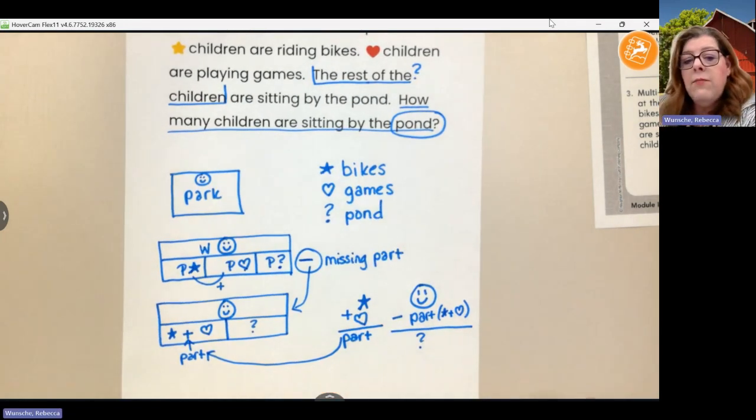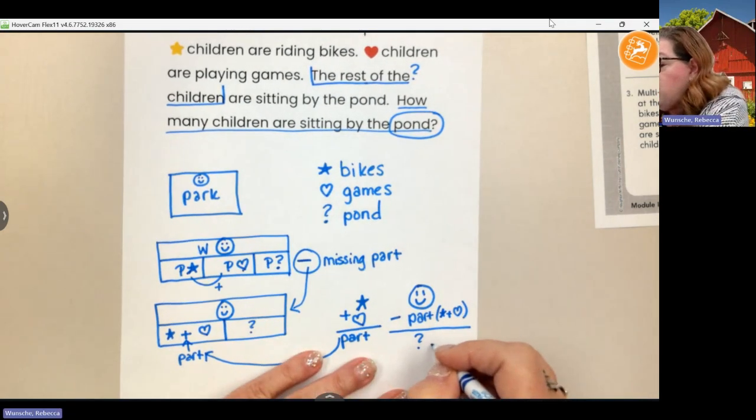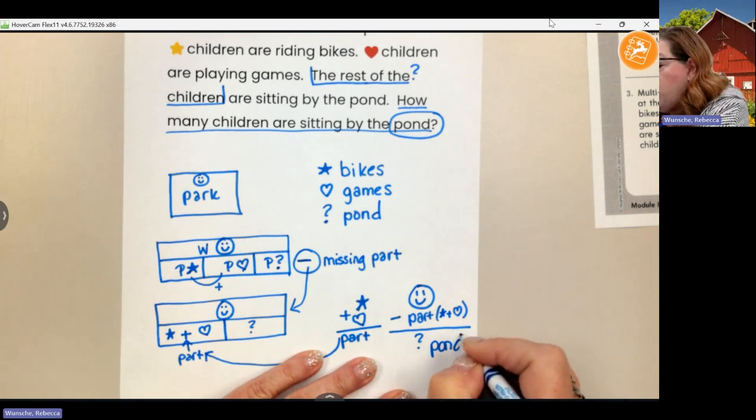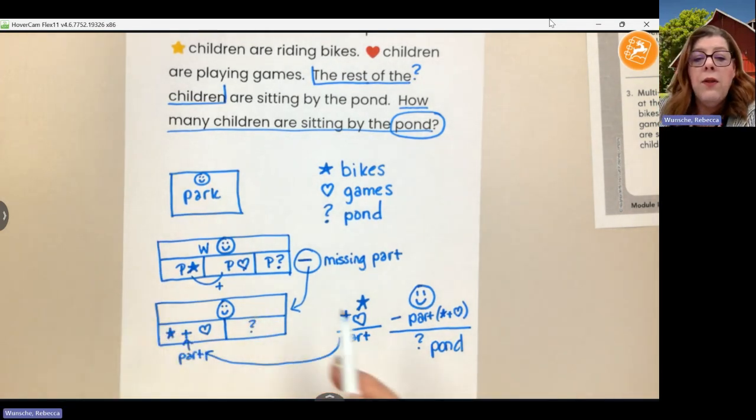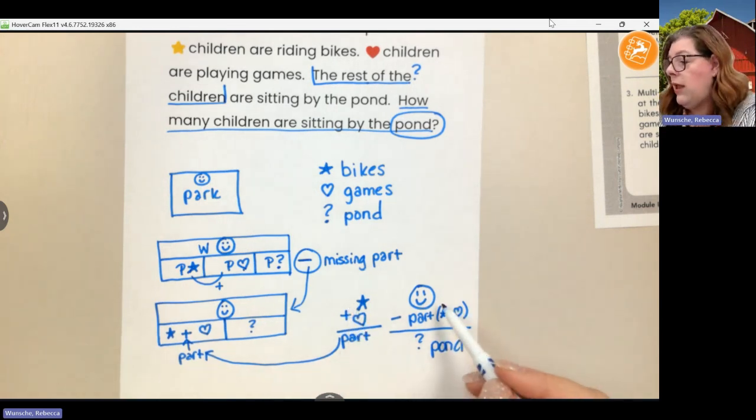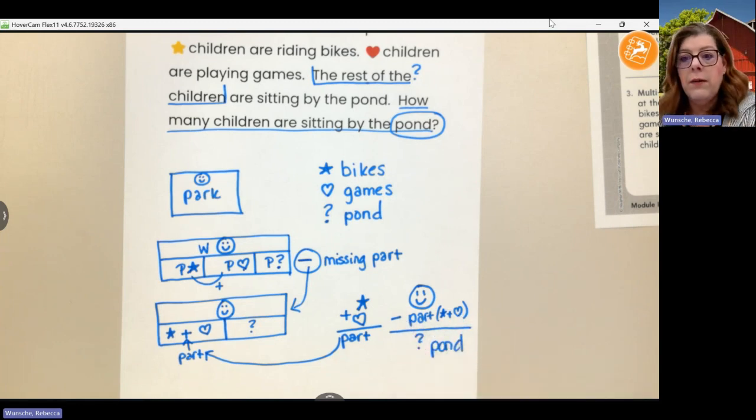And that's going to give me the answer to the children at the pond. Okay? Now, I worked this whole problem, and my answer is smiley face minus star plus heart equals question mark.